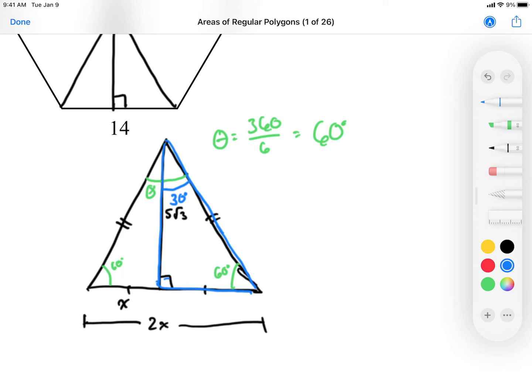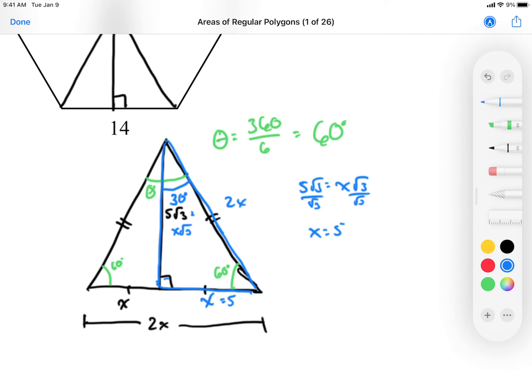And it's very simple for me to use my tools here to figure out, if that's a 30, 60, 90 triangle, I know that if this length is x, this length is going to be equal to 2x, and this length is going to be equal to x rad 3. Okay? So if 5 rad 3 is supposed to equal x rad 3, then if I divide both sides by rad 3, I know that x is going to equal 5.